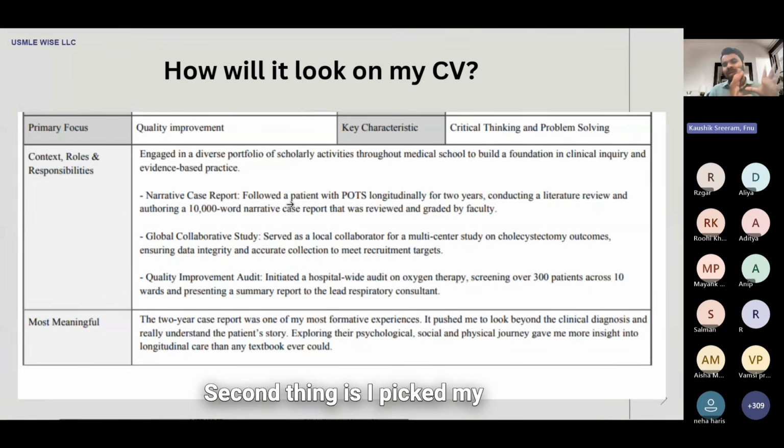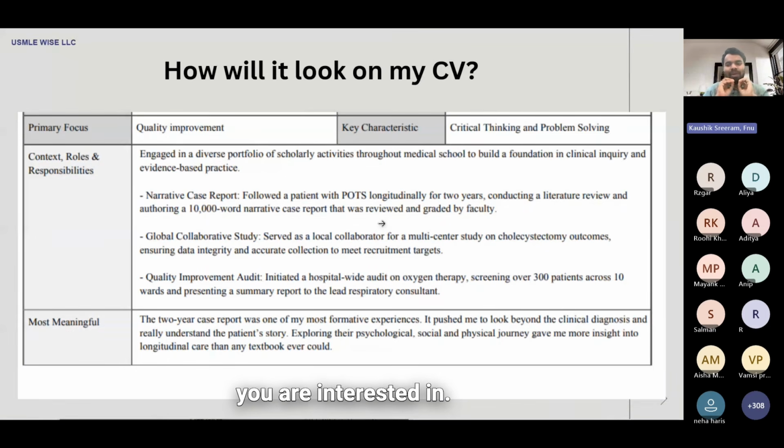Second thing is I picked my topic and my niche that I was interested in, and that is rare disease, right? So I was like, now in rare disease, what is important? I'm going to highlight those. So that is something that I learned. So in a CV, if you are asking what I should do in my research section, Dr. Kaushik, I will tell you a very simple thing.